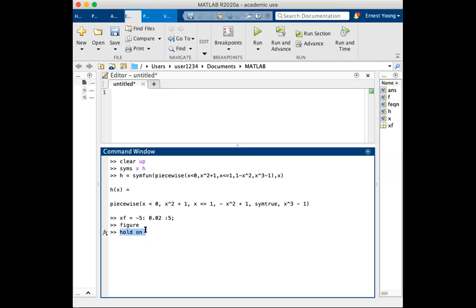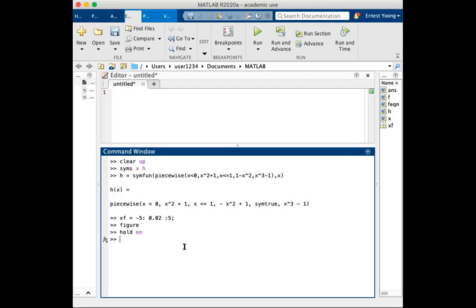Hold on means every graph you plot will be saved and will not be renewed. It will add another function, like accumulating another function. After you have drawn all the graphs, you should have another command, which is hold off, to close it.